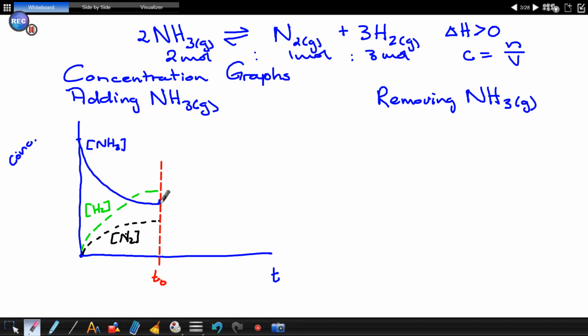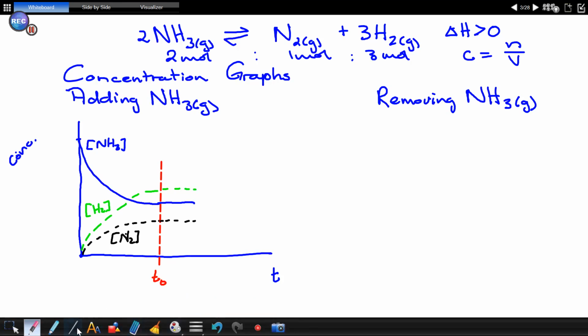It's going to suddenly increase, and then gradually decrease. Okay. Oh, sorry. I should have made these graphs a little longer, like that, just to show that there was a period in time where the equilibrium was set.